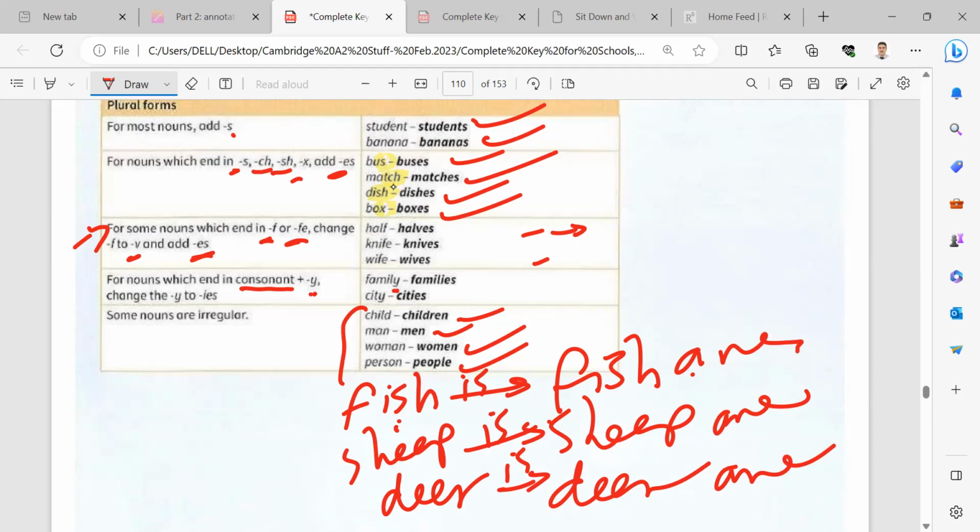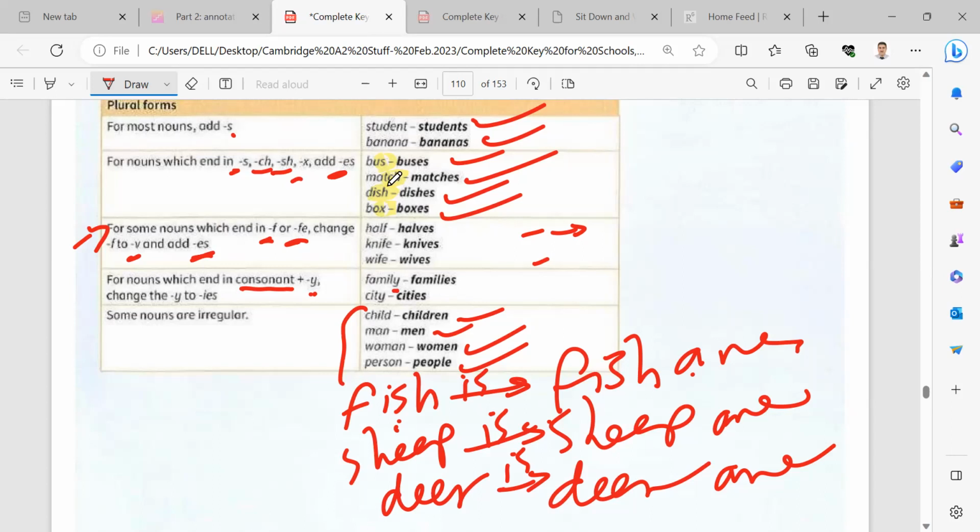If there's a lot of types of fish, it would be fishes. Fishes, different types of fish.